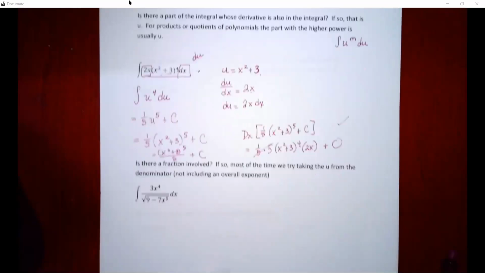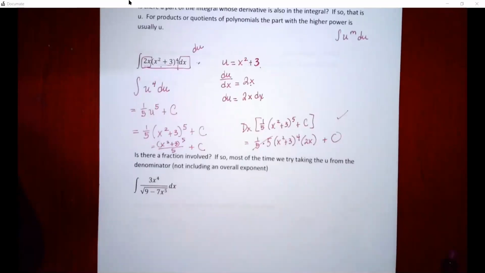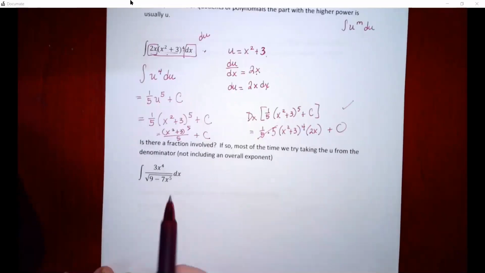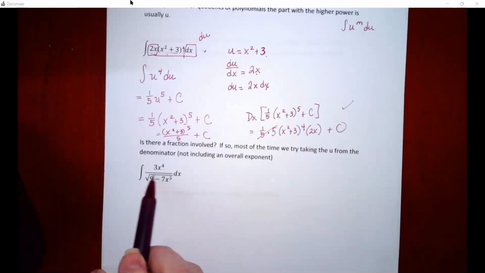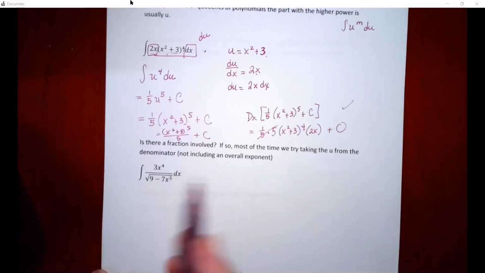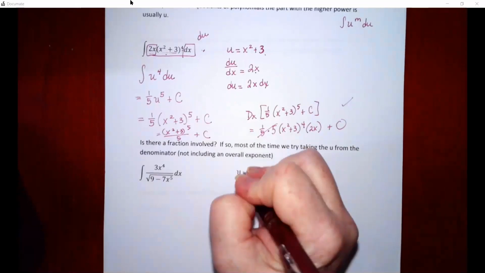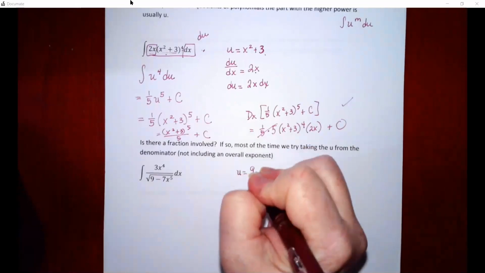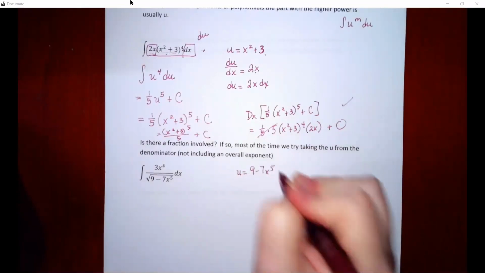A lot of times, if there's a fraction involved, we try taking the u from the denominator. But keep in mind that once again, if I look at what's being raised to a power in the denominator, not including the overall exponent, the derivative of that involves an x to the 4th, which is right up here. So here I would choose u to be 9 minus 7x to the 5th.